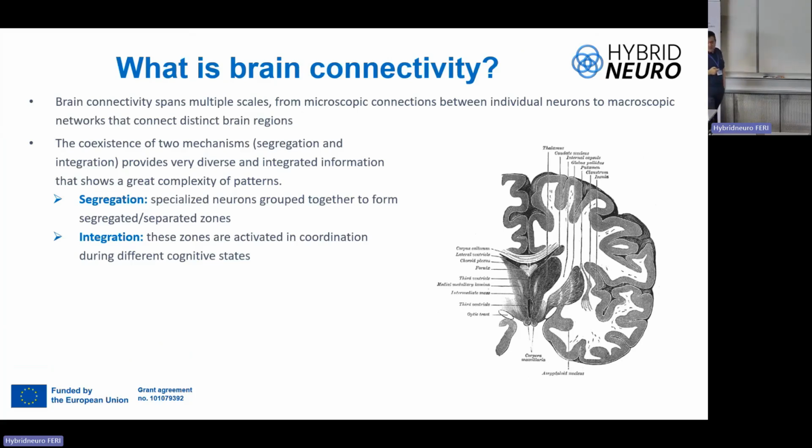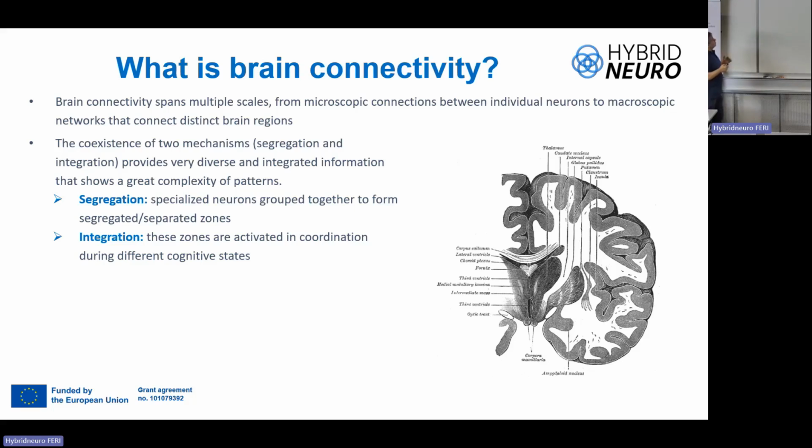So what is brain connectivity? Well, we know that all billions of neurons, each neuron is connected with many of the neurons around or even in further position. And there are two mechanisms, they are called segregation and integration.